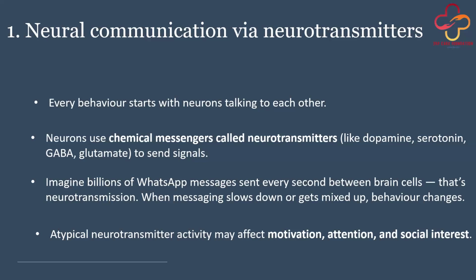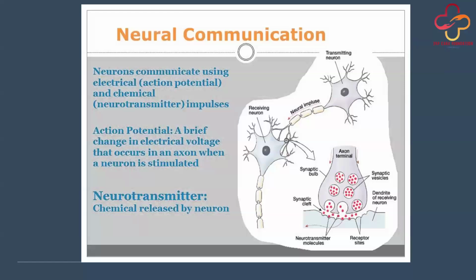If the neurotransmitter activity is hampered, it gets mixed up with other neural activities, so it affects motivation, attention, and social interest. All three have deficits or concerns in autism behavior. So motivation, attention, and social interest are the major concerns which we see, which reflect as autism behaviors.